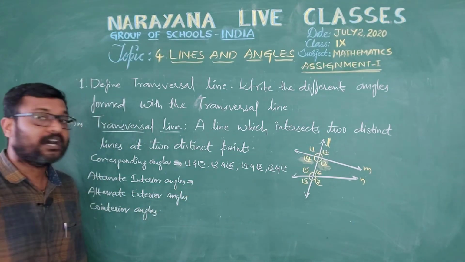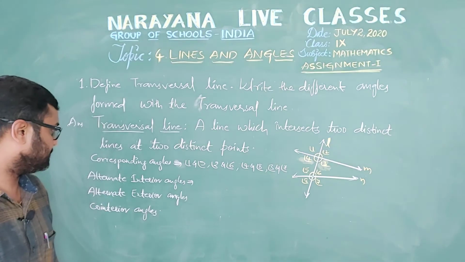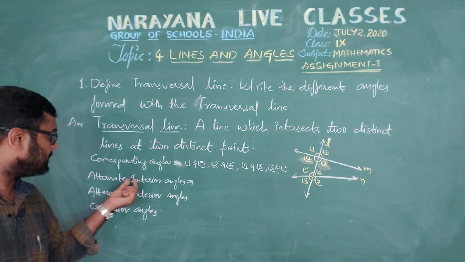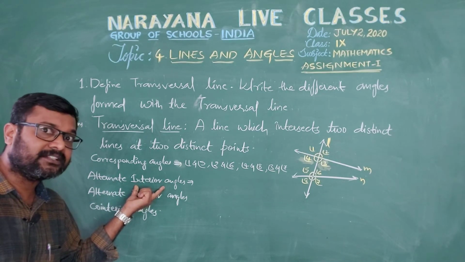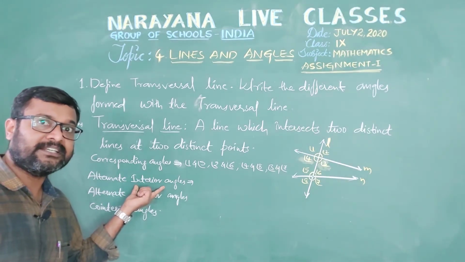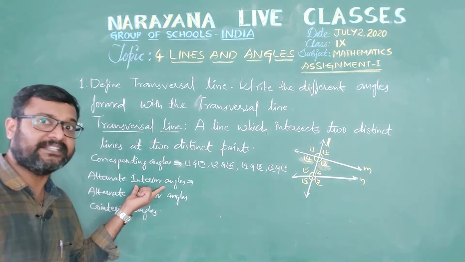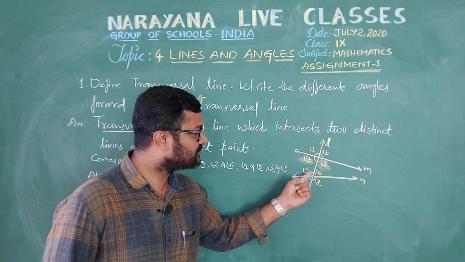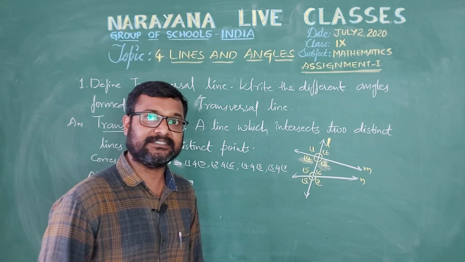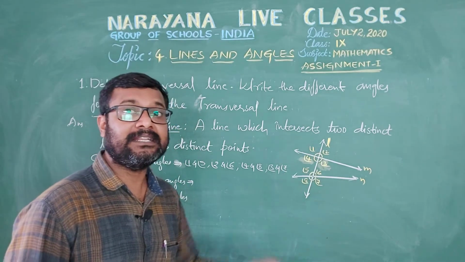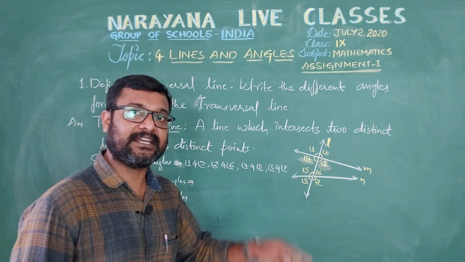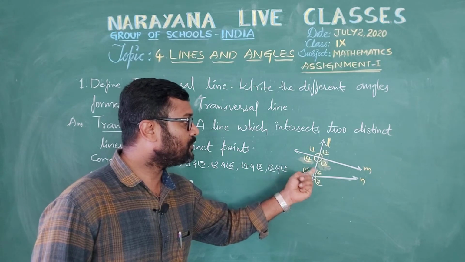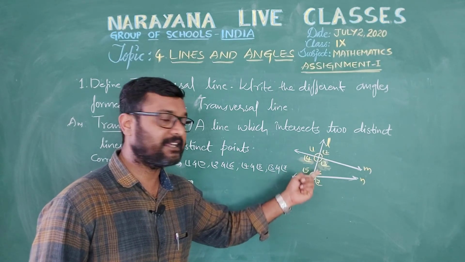Now, we have alternate interior angles. What are alternate interior angles? Alternate interior angles should be interior angles. Here 4, 3, 6, 5 are interior angles. But alternate interior angles means 4, 6 are alternate interior angles.